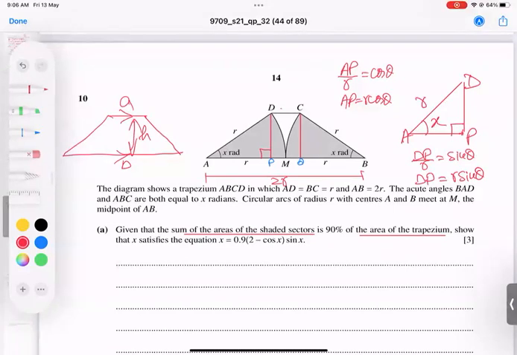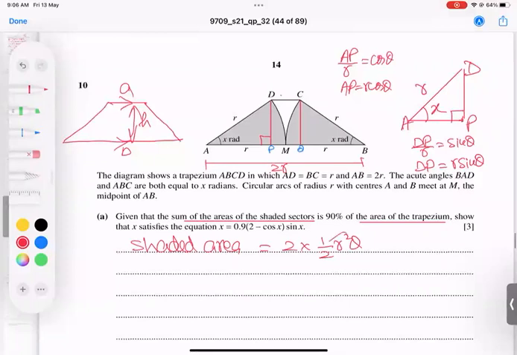So the shaded area is two sectors, so 2 times half r squared theta. The radius is r and theta is x. So this cancels out and I get r squared times x, because x is theta. I think it is very clear.